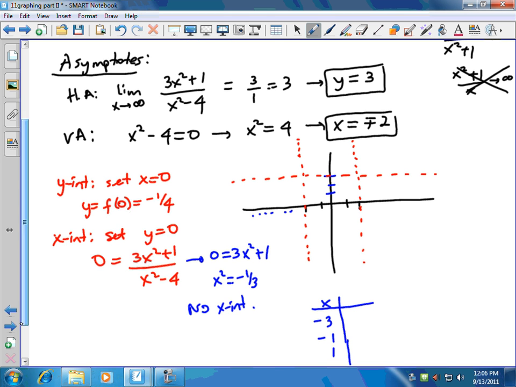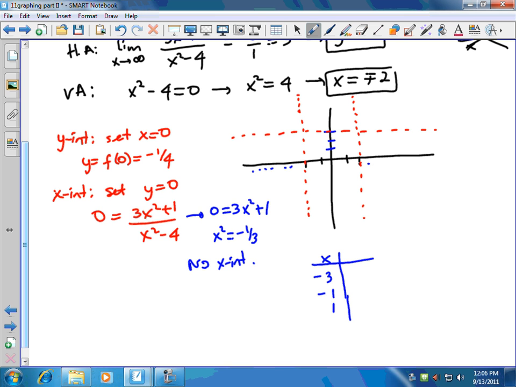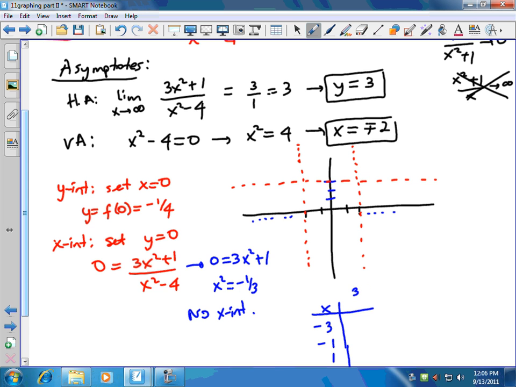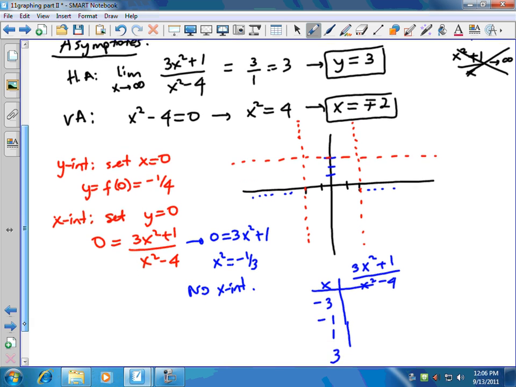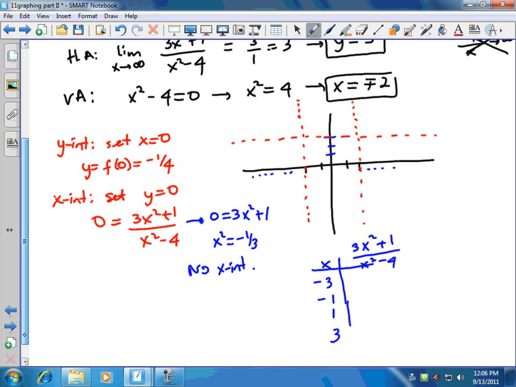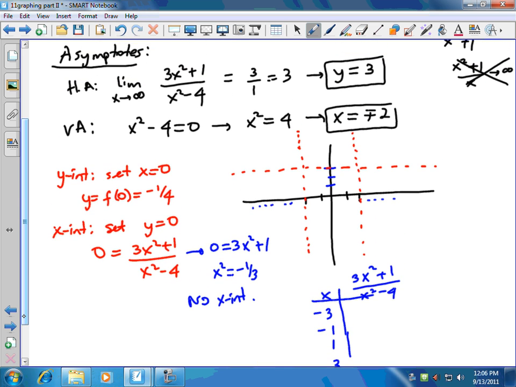I'm going to pick 2. And in the outside interval beyond 2, let me pick the point 3. Plug those into the original function, and let's see what we get. Of course, we also have our x-intercept, rather the y-intercept, which was negative 1/4.